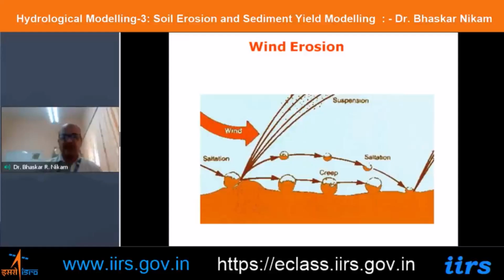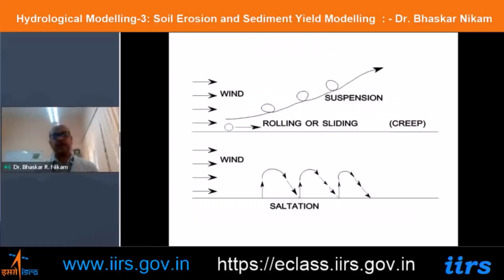The lightest particles will remain suspended in the air for longer duration, so we call that kind of erosion suspension. The heaviest particles of soil will, due to wind, only roll over the surface, which we call roll or creep. And the particles which are neither too light nor too heavy will jump from their location like a bungee jumping, which we call saltation.